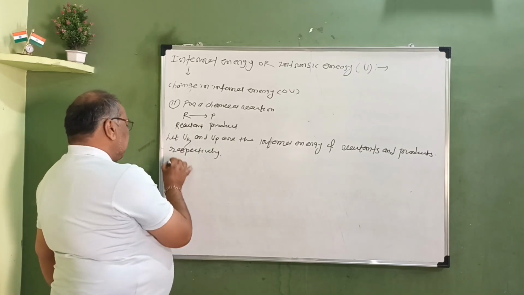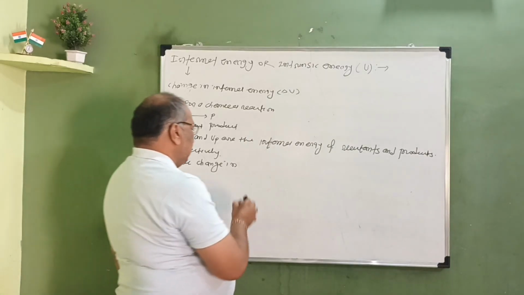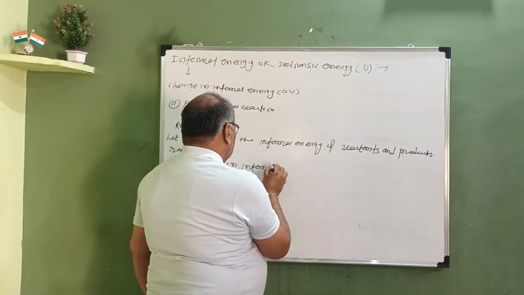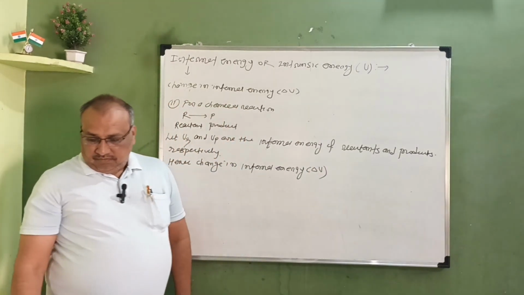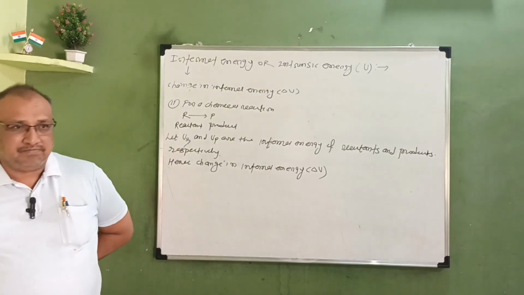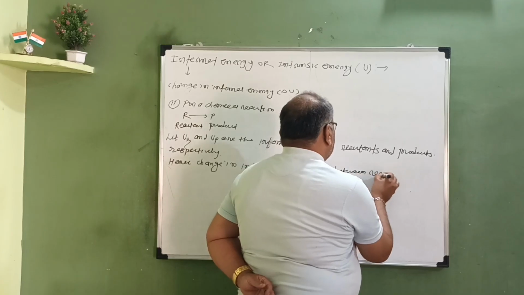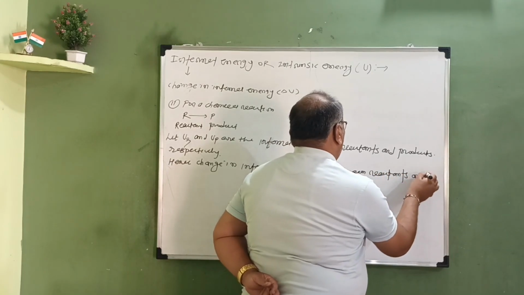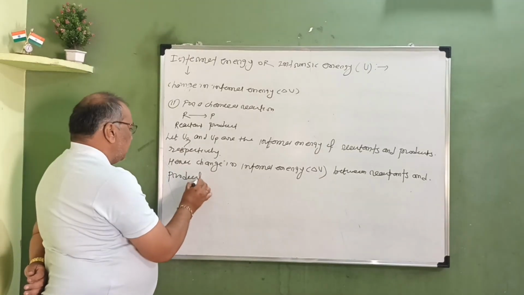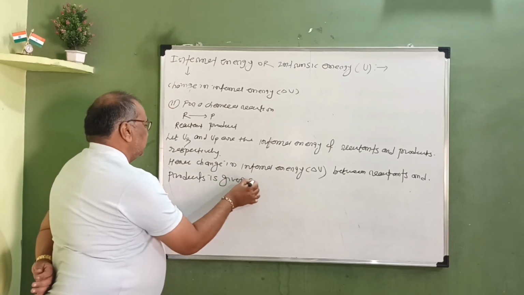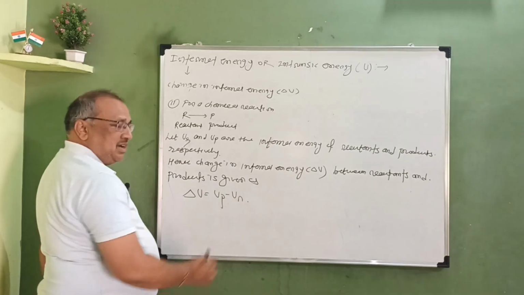That means here, hence change in internal energy delta U between reactants and products is given as delta U equal to UP minus UR.